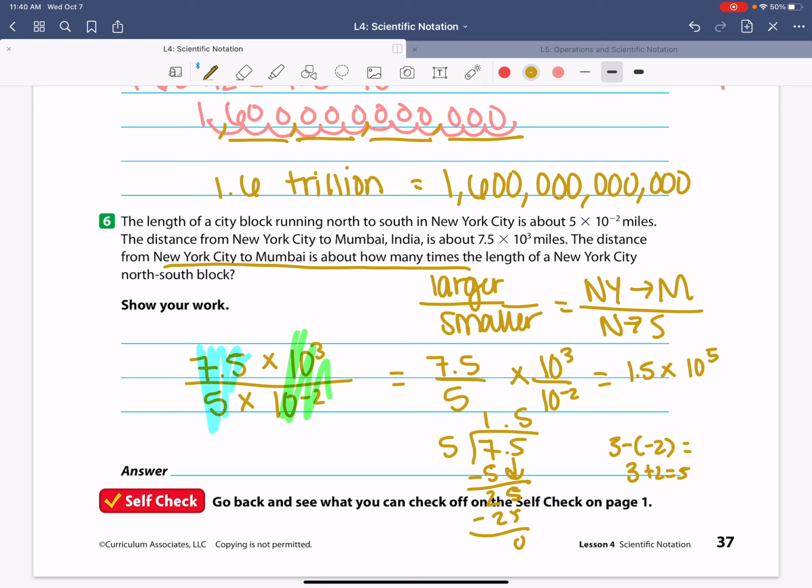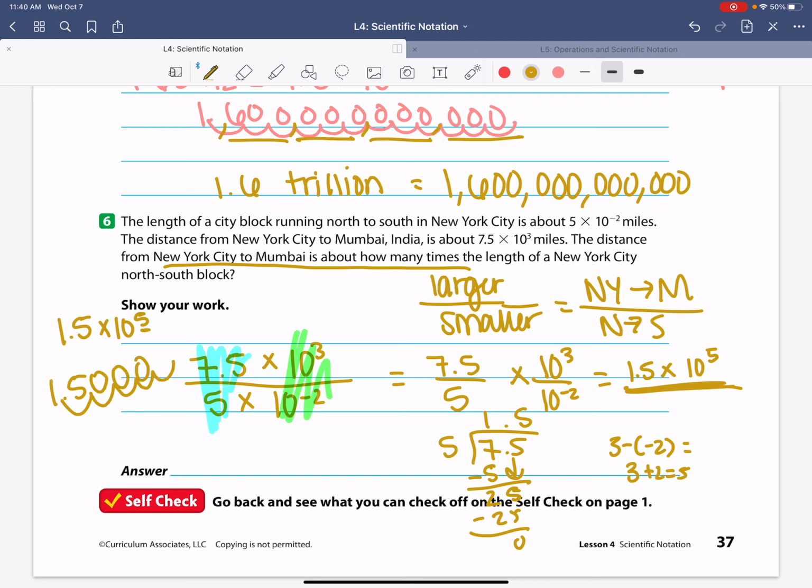Okay, so you've got that. But this is in scientific notation, so it's helpful, but we need it in standard notation or standard form when they ask you about distance. So then you just go ahead and simplify. So 1.5 times 10 to the 5th power, you just write your 1.5 and move your decimal place 5 places to the right since the exponent 5 is positive. 1, 2, 3, 4, 5.